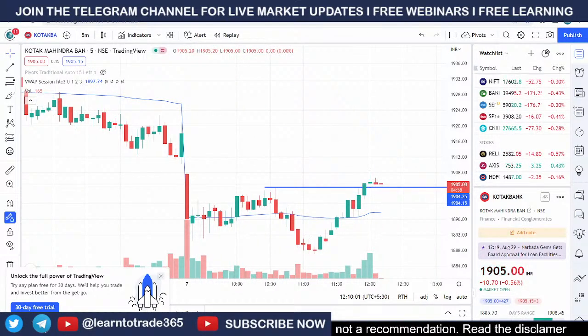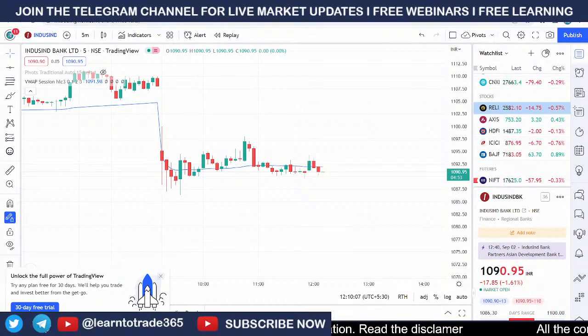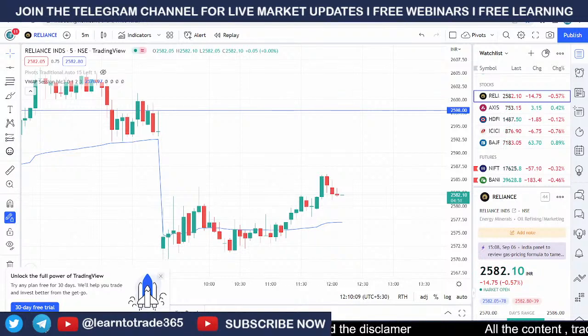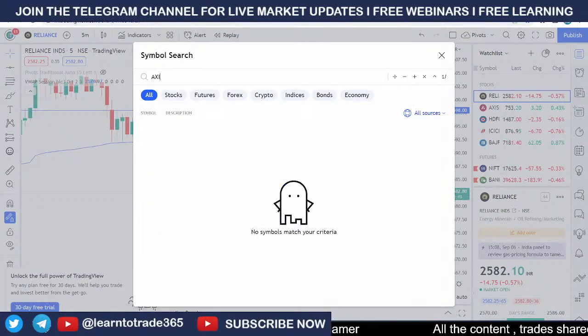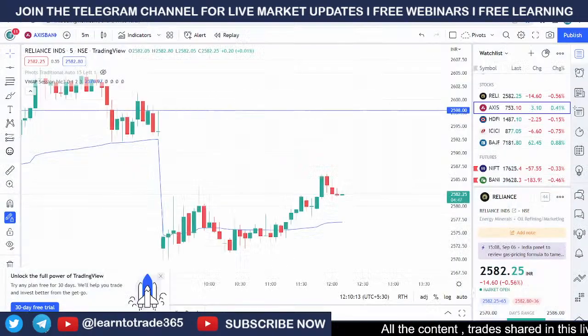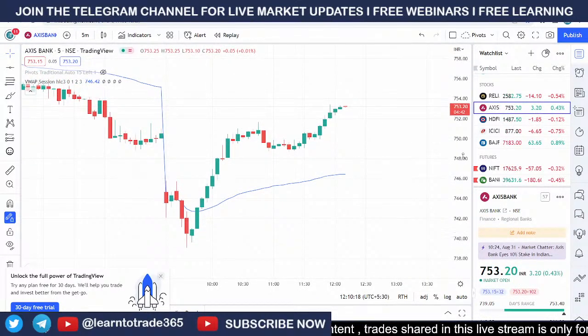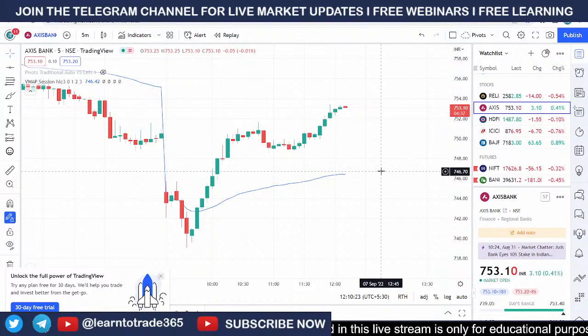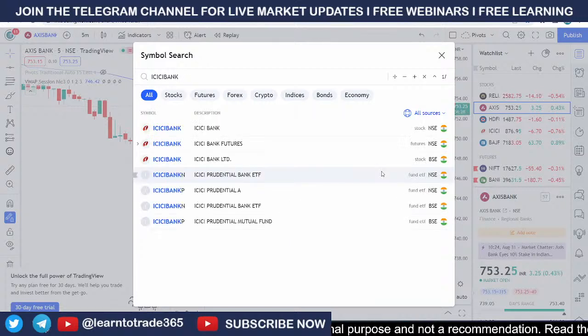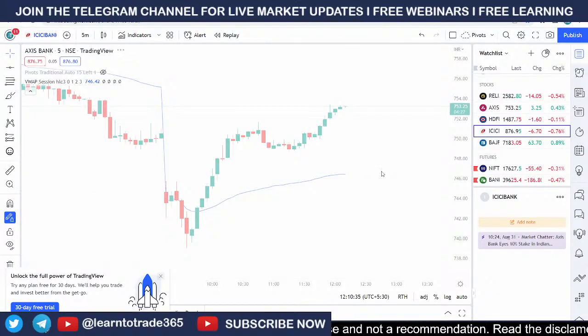Price is again going into a more narrow range. What's happening on Axis Bank? Okay, we are trying to come up, Axis Bank slightly. It's a good sign. What's happening on ICICI, because that bank was slowly trying to recover back up.